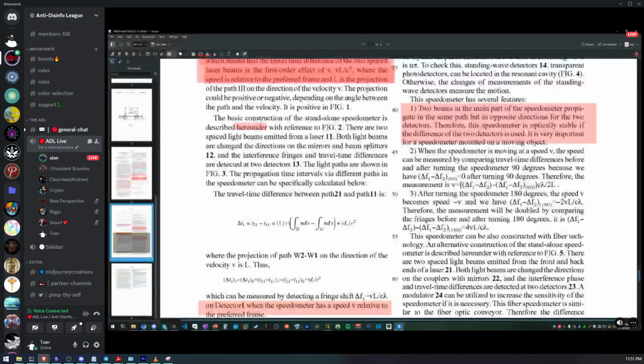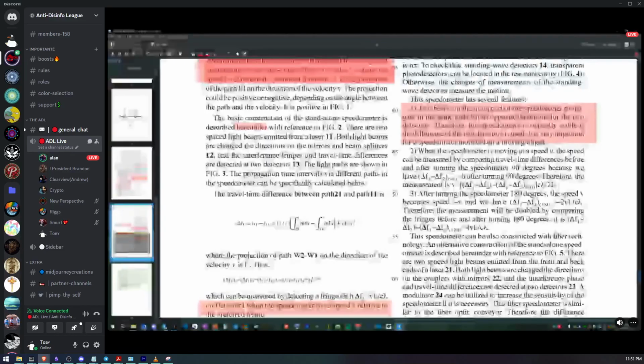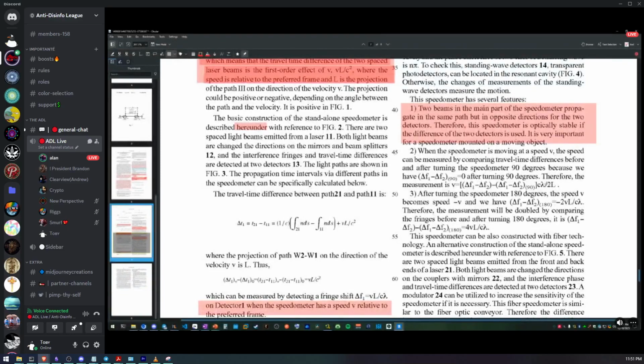Therefore, the measurement is v, so your velocity equals the frequency shift sub 1 minus the frequency shift sub 2, minus the frequency shift sub 1 minus frequency shift sub 2 at 90 degrees, times c times lambda over 2L, which was the length of direction or vector direction.